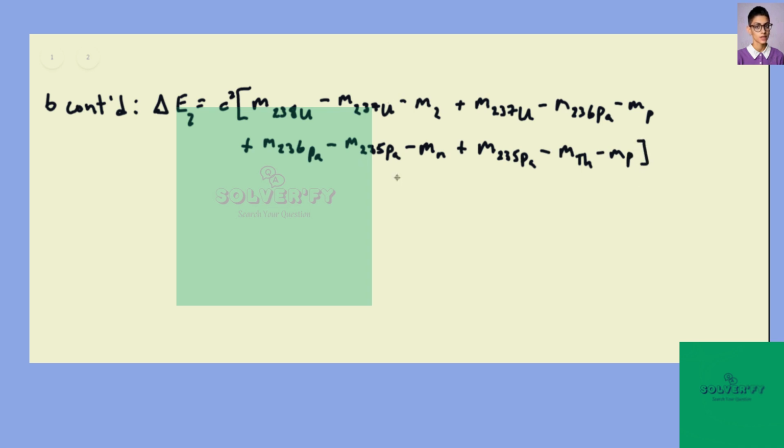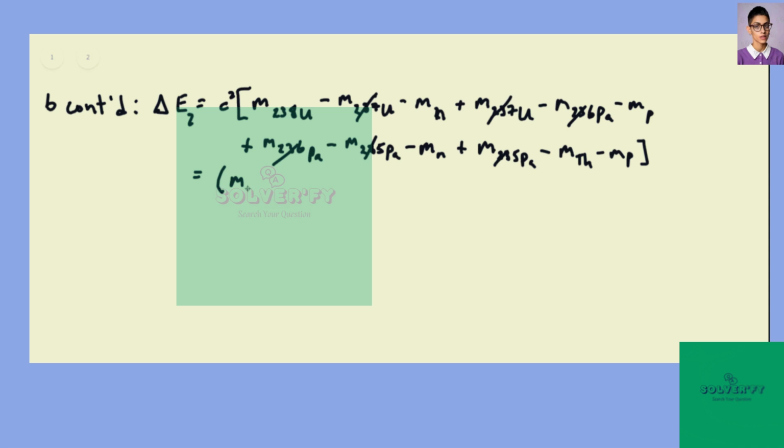And mercifully, for the purposes of actually numerically evaluating this, it simplifies quite a bit. Because, for example, we have minus uranium-237 here, plus uranium-237 here, and minus and plus protactinium-236 and 235.